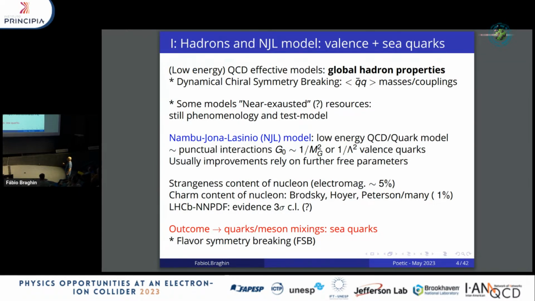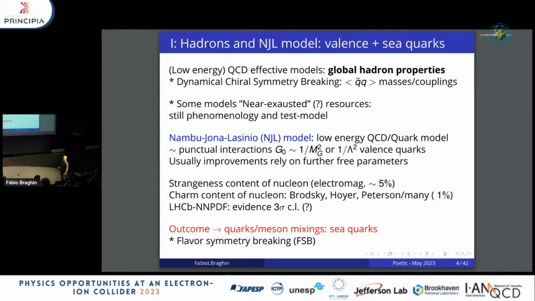The charm content of the nucleon was proposed some time ago, and lately there was some evidence, at a 3 sigma confidence level, for a 1% contribution to the nucleon properties. I apologize, I will not quote every work.